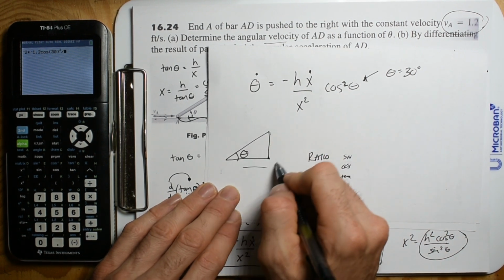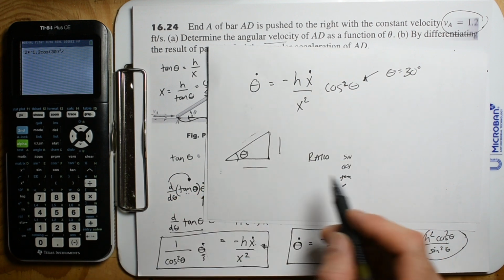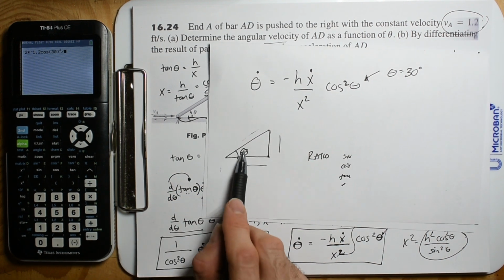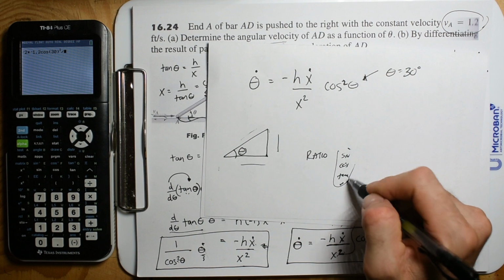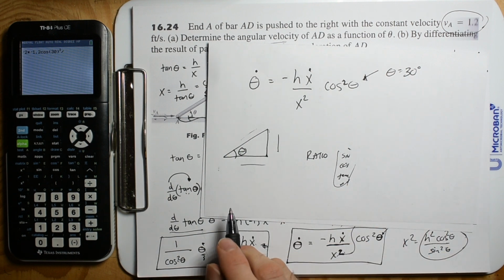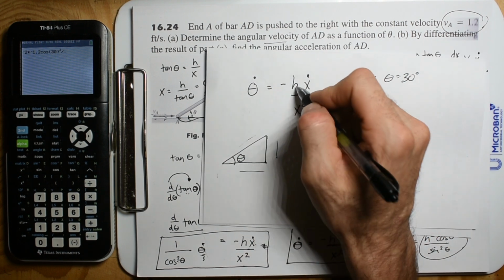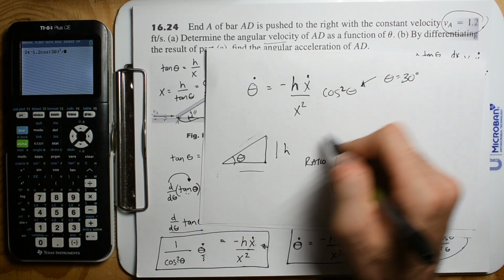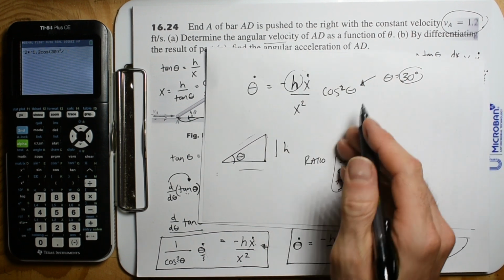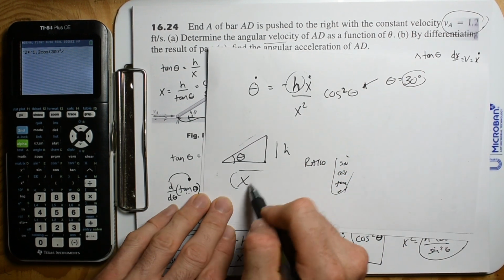It doesn't define the lengths per se, but it definitely defines the angle of that triangle if I know the ratios of those. But here, I know h is constant, and then I know my angle. So I also know this value of x.